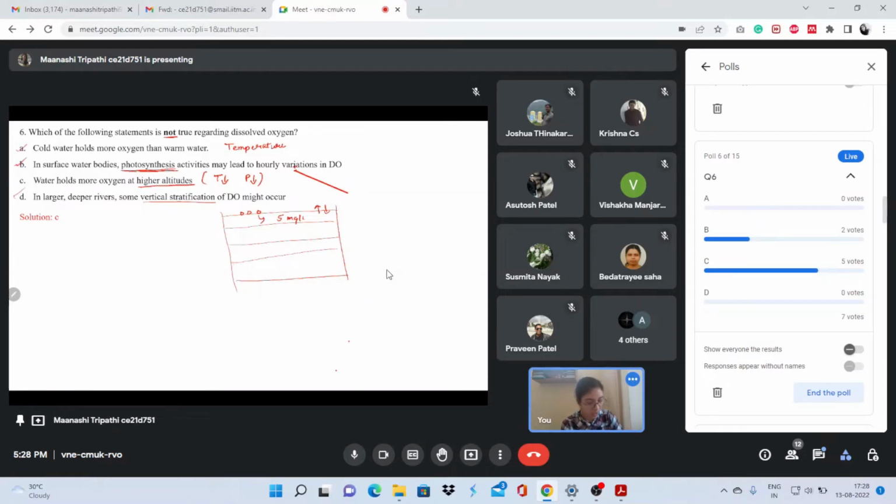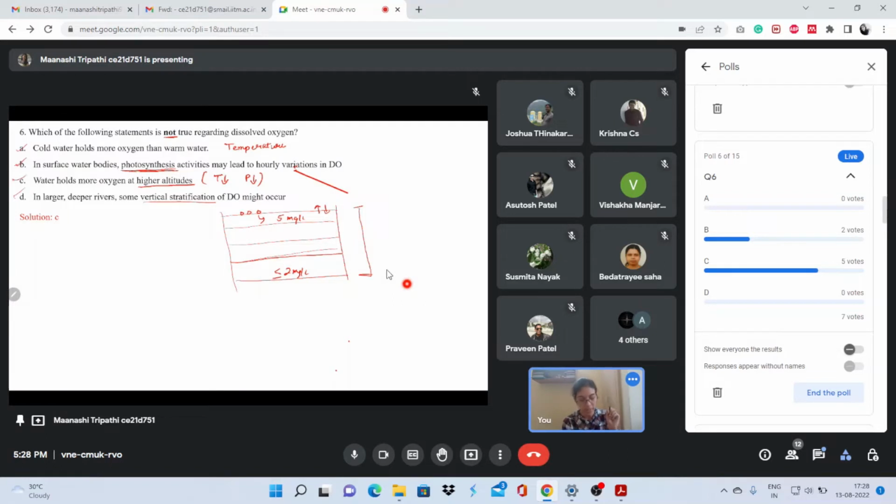In the bottom side there will be lesser DO because first of all there will be no atmospheric reaeration from the atmosphere to the bottom layer. Second, there will be some organisms that may consume oxygen. So overall there will be a difference in oxygen. So yes, this point is also true.